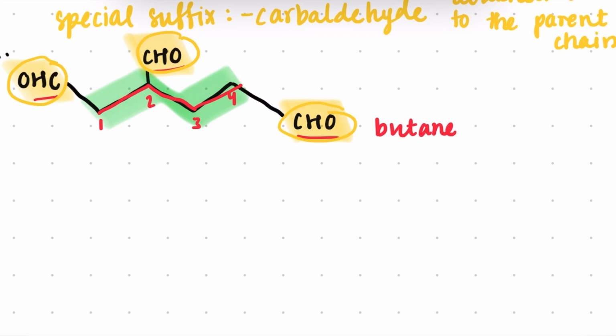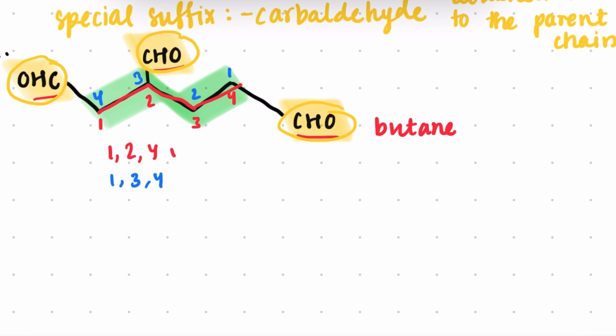We're talking about the lowest locant set. Now, if we're talking about the lowest locant set, I already wrote one of the possibilities. So the other possibility would be this. So one of our locant sets is 1, 2, and 4, and the other locant set is 1, 3, and 4. So obviously our lowest locant set is this. We do not consider this here.